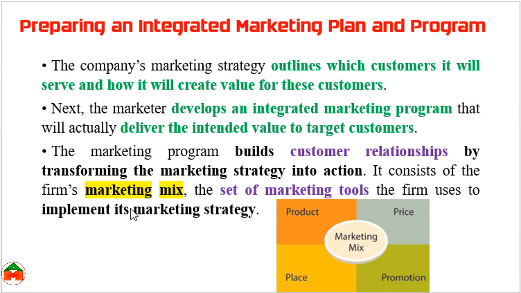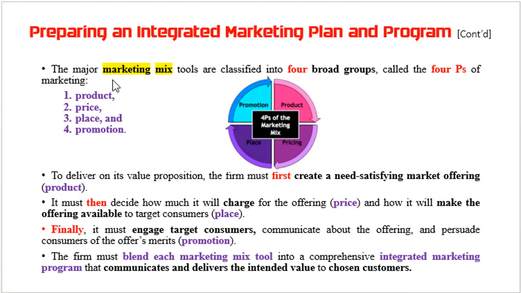What is the marketing mix? Marketing mix is the set of marketing tools the firm uses to implement its marketing strategy. Here we can see in the marketing mix, the company should focus on product, price, place, promotion. So in the marketing mix, there are 4 P's. Those are product, price, place, and promotion.